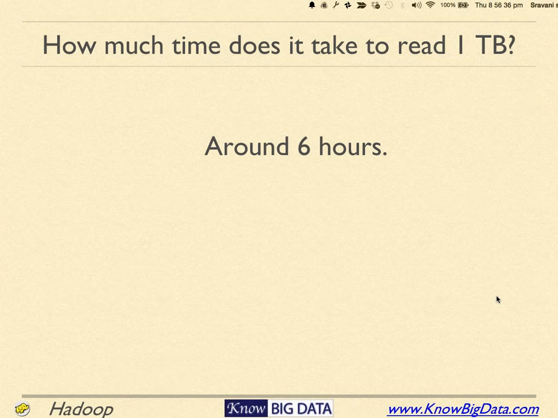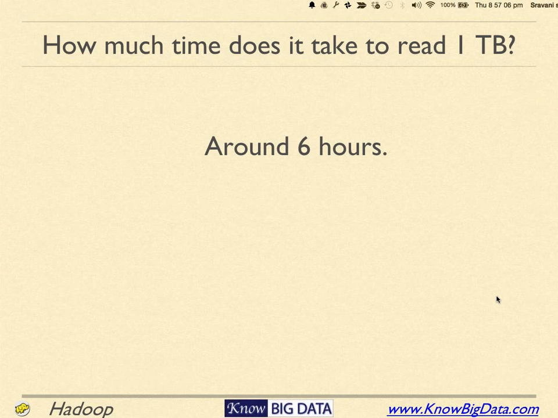Therefore, no matter which computer you use, whether P4, Core 2 Duo, 10 cores or 100 cores, it doesn't matter. It will still take 6 hours to read 1 terabyte of data. You can bring 6 hours down to 2 or 3 hours by buying really costly hard drives, but you cannot bring it below 3 hours.